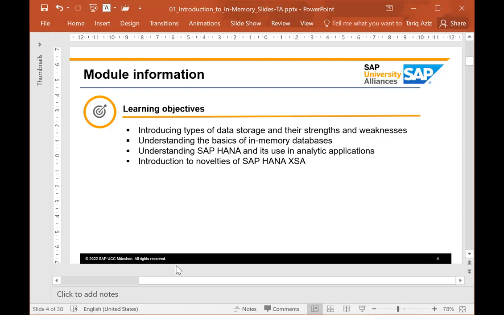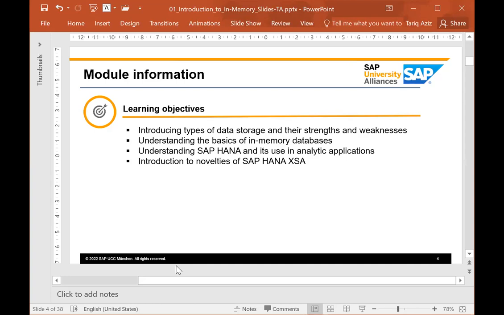So in this topic, we'll see the types of data storage available nowadays. We'll see the strengths and weaknesses of those data storages. We'll try to understand the basics of in-memory database. At the moment, databases are available on the hard disk, but for in-memory database, we'll talk about some basic concepts.